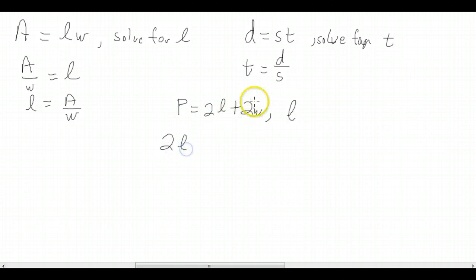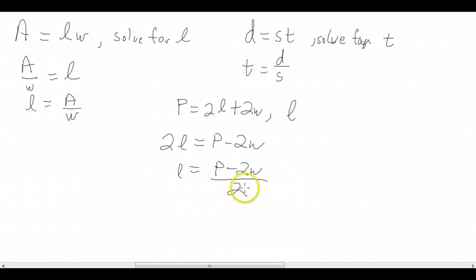So 2L is equal to P minus 2W. Now to get L by itself, we divide both sides by 2. So L is P minus 2W divided by 2. Make sure the division bar extends all the way underneath, because you need to evaluate this first and then divide by 2.